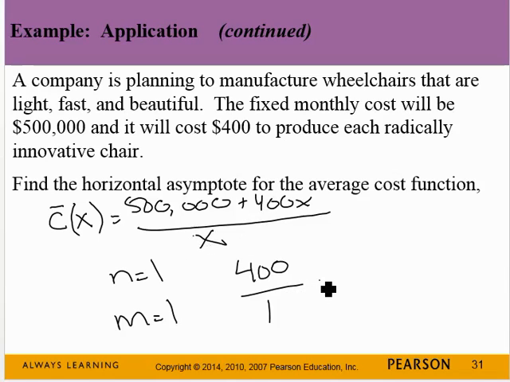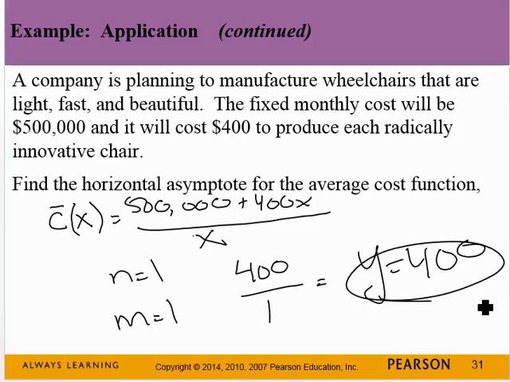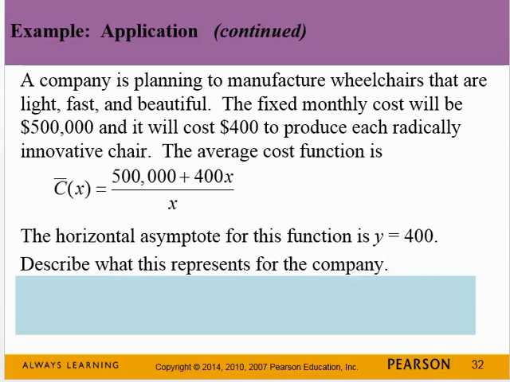You have 400 over 1, so your horizontal asymptote is at 400. So the horizontal asymptote is y equals 400.